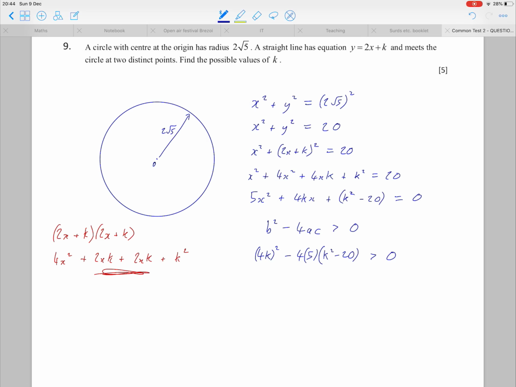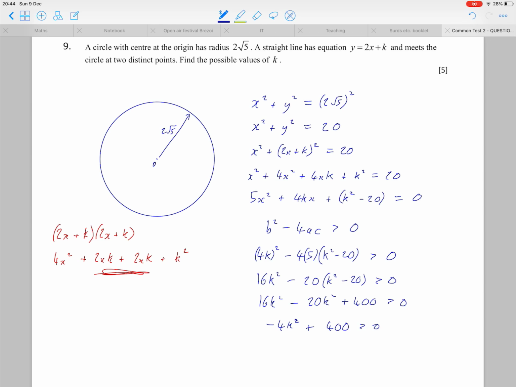And greater than 0. Great. Multiply things out. Be very careful. 4k all squared is 16k squared. And then we've got minus 20 lots of k squared minus 20. Multiplying out further. Minus 20k squared plus 400. And simplifying, we have minus 4k squared plus 400.